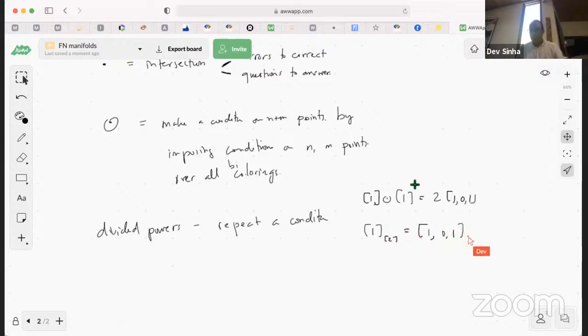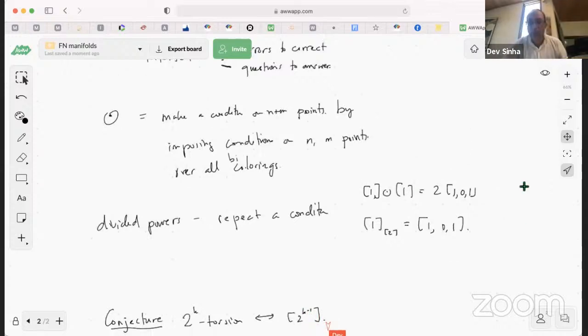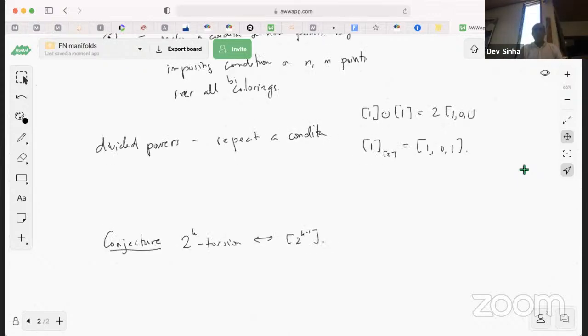And again, the main conjecture I have, at least at the prime 2, and I'll state it just at the prime 2, is all 2 to the k torsion corresponds exactly to the 2 to the k minus first divided power. So all 4 torsions are the twofold divided powers in BS4.